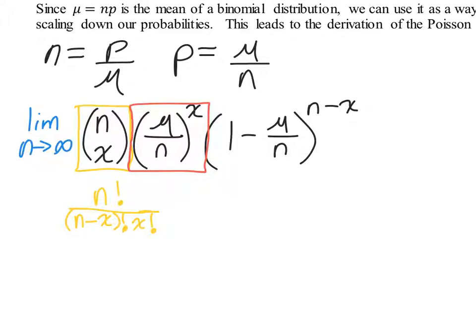This next piece I could break up: mu to the x power, n to the x power, written separately. I could also do something very similar with the last piece, so I'll do that in green, just to keep the score at home.